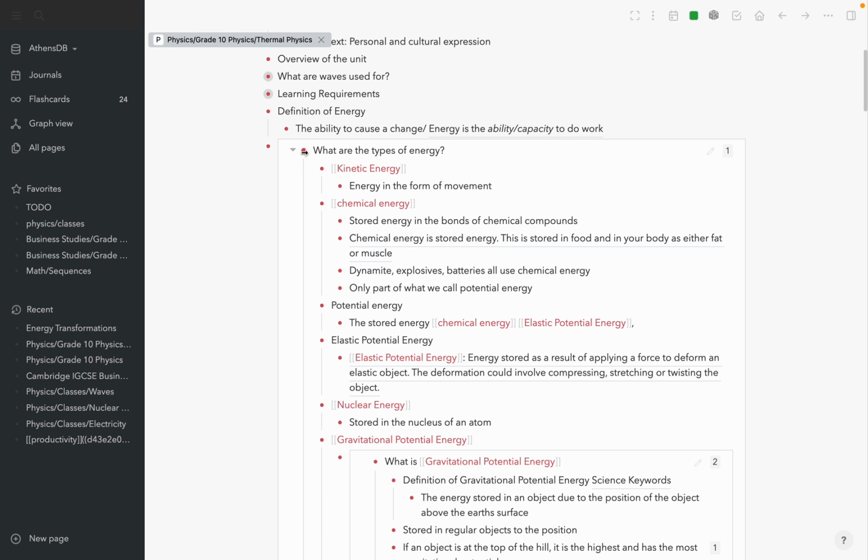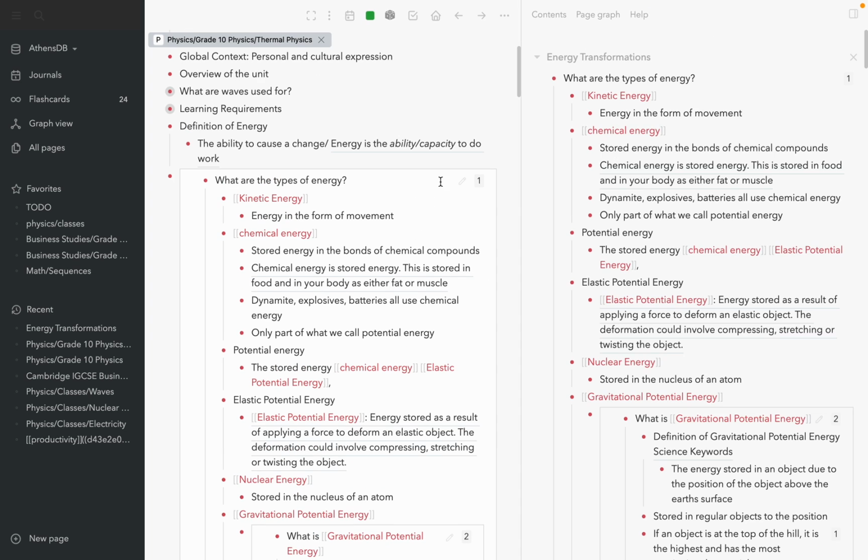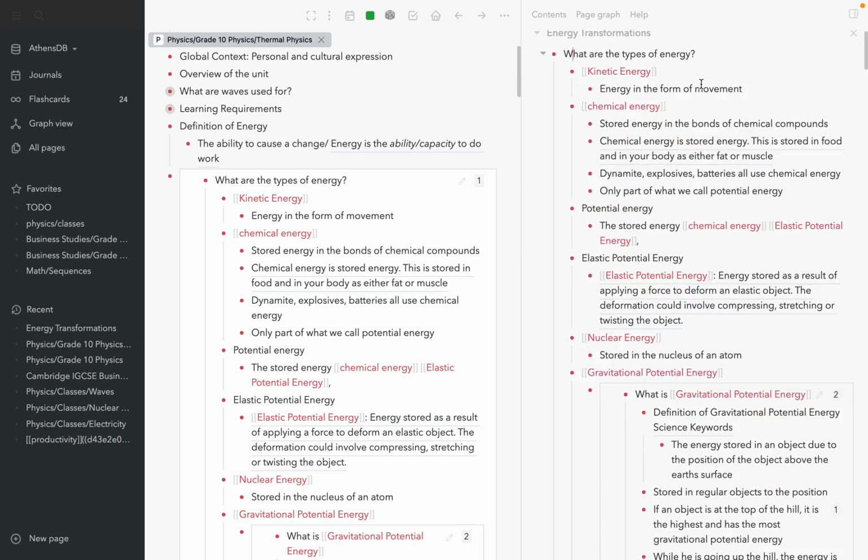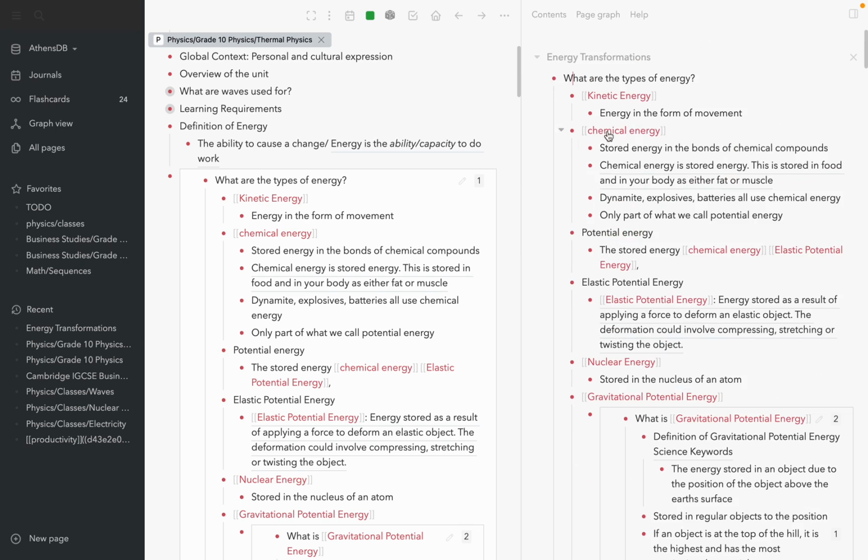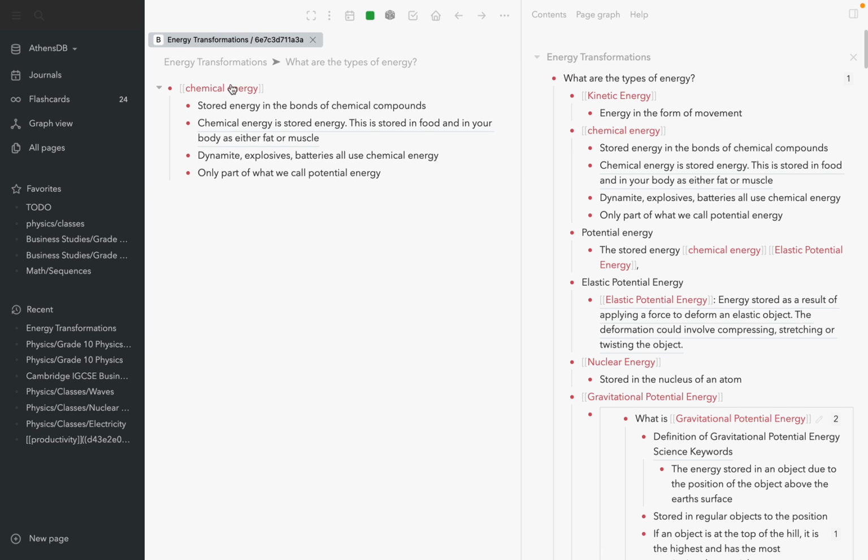So if I open this block in the sidebar, one lovely feature about Logseq is that you can zoom into bullet points, because bullet points are treated similarly to pages. So I can open this page, and this is the title of the page now: what are the types of energy? And you can see the sub bullets underneath that. Similarly, you can zoom in further, and all this.